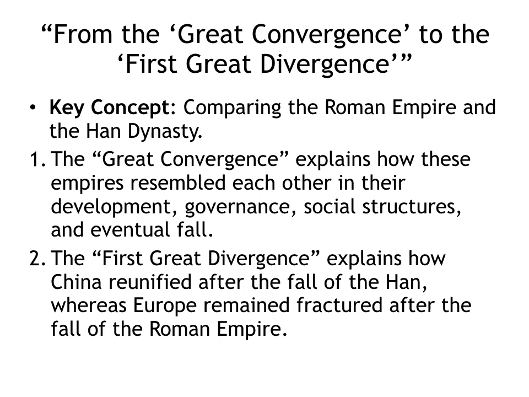The Great Convergence explains the many, many ways in which these empires resembled each other. They both started as smaller city-states outside of the main region of political conflict, and they militarized. They took over what had been initially their more powerful neighbors, and they were able to unify huge areas.